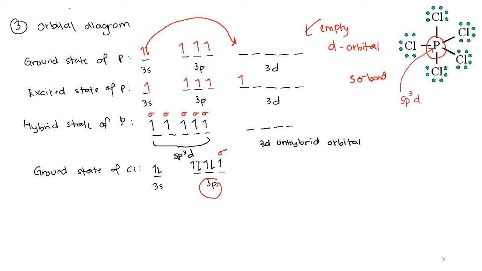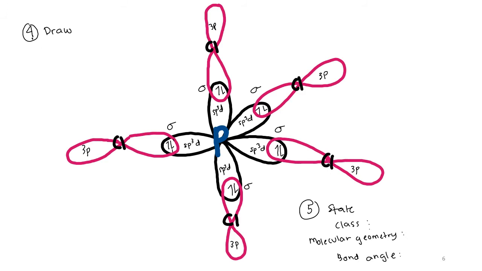So label sp3d orbital for phosphorus hybrid orbital, and for chlorine it will be 3p orbital when you draw later. You will come to this drawing and make sure you draw this according to the geometry we just predicted. It will adopt trigonal bipyramidal.